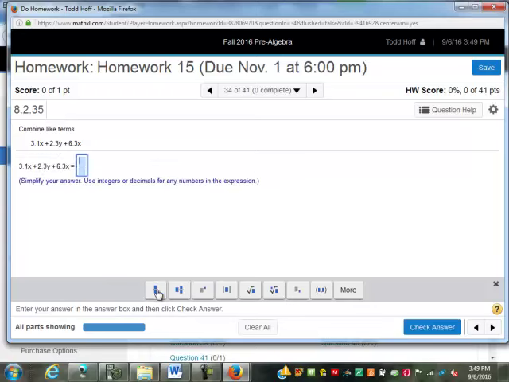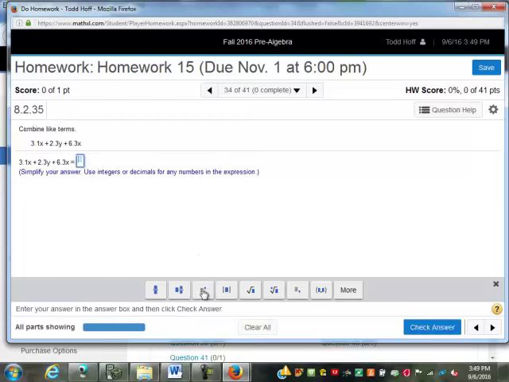If I need to enter a fraction, I just click on that and fill it in. Or a power: I put in my main number first, I keep forgetting that. Like 7 to the power of something, I put 7, click that, then put in my power, like 7 to the 3rd power.